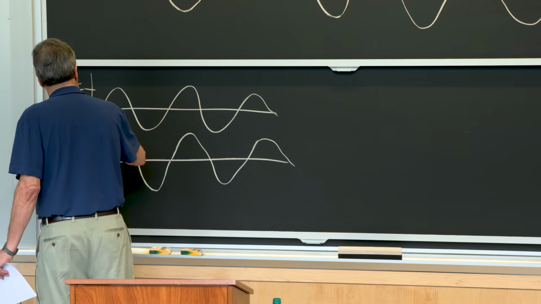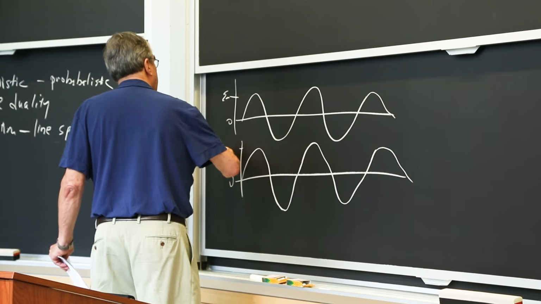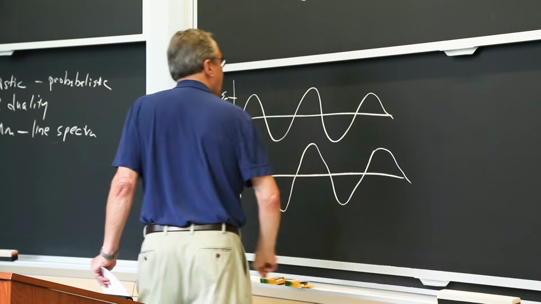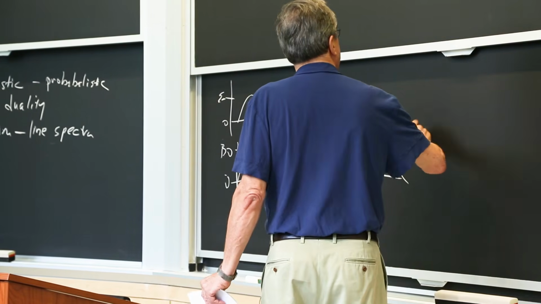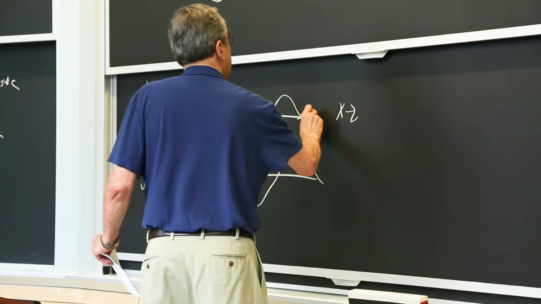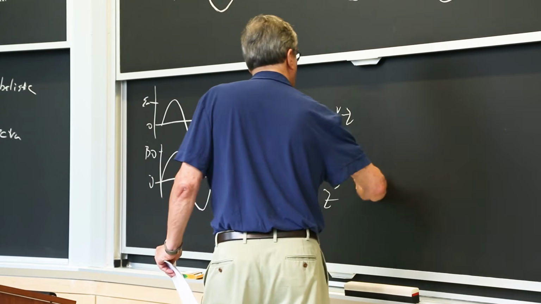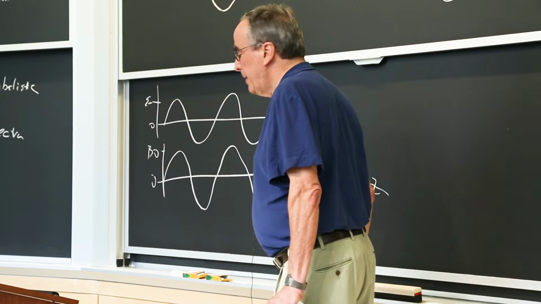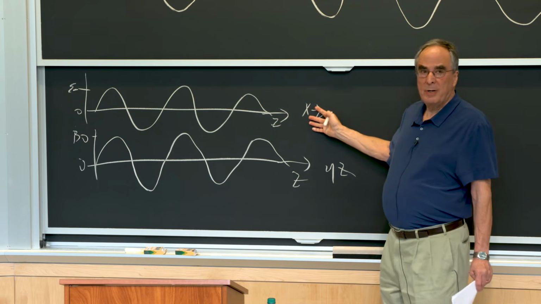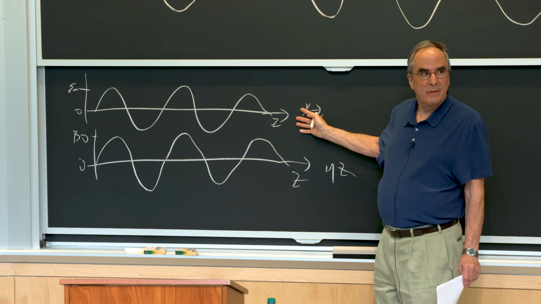And this is the magnetic part of the wave, 0 and B0. This is in the XZ plane. This is the Z direction. And this is the YZ plane. Now this corresponds to a wave which is linearly polarized along the x-axis.